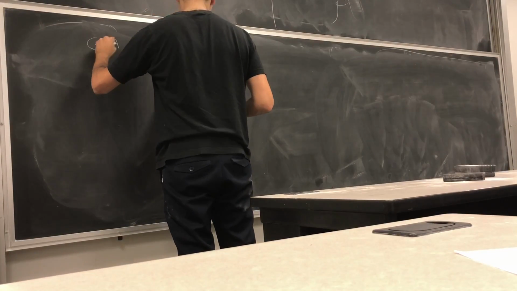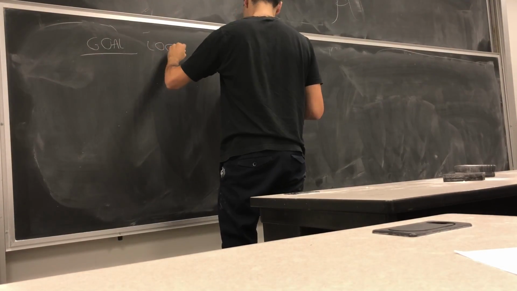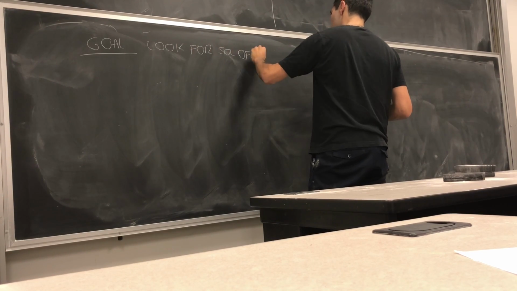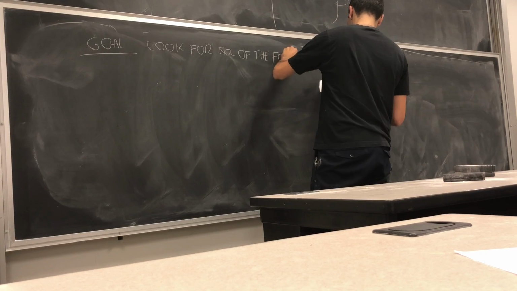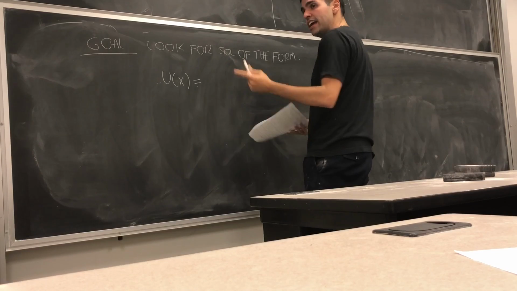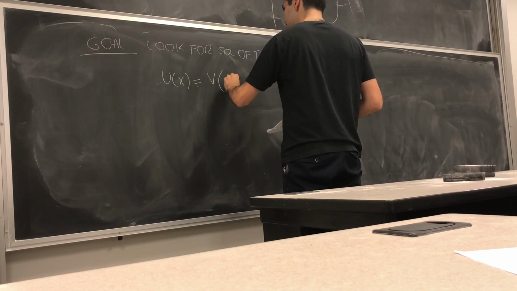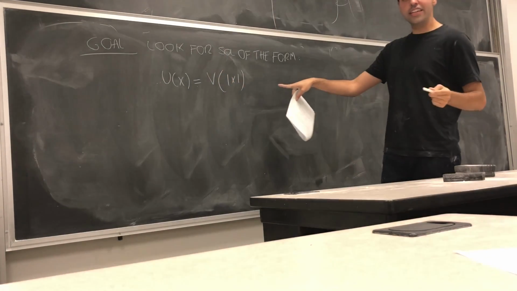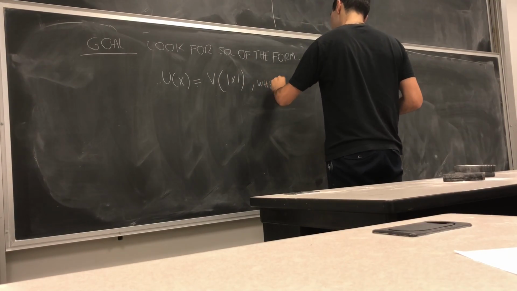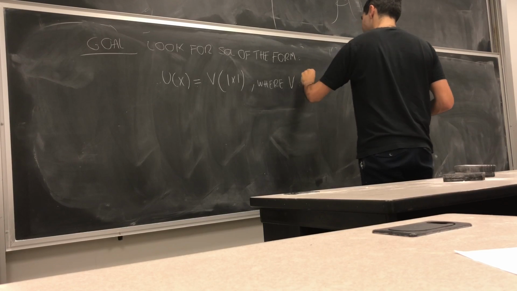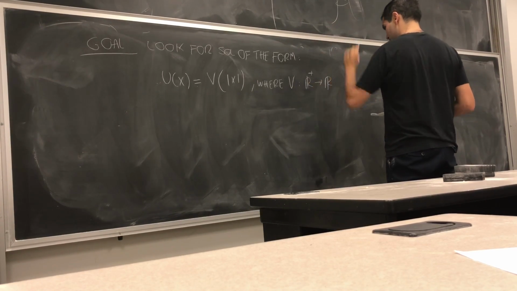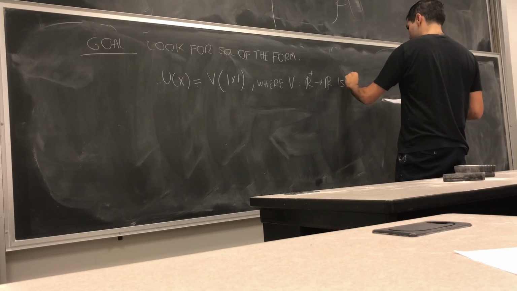Our goal is to look for solutions of the following form: u of x equals a radial function v, only depending on the absolute value of x, where v is a function from R plus to R, to be found.